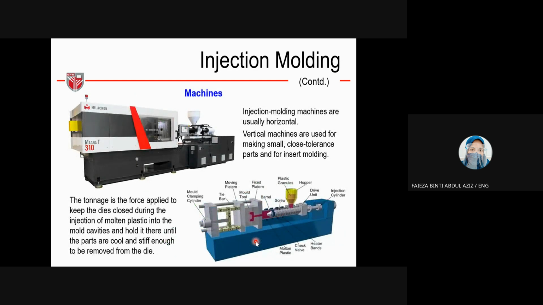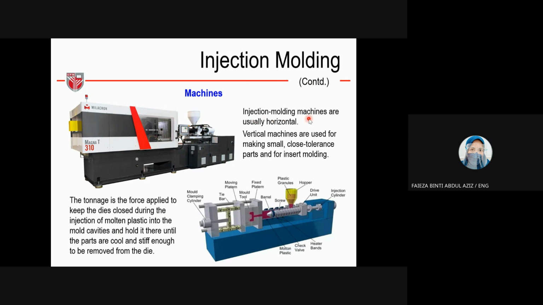Here I just show you the machines; we have a very bulky machine here. The tonnage is the force applied to keep the dies closed during the injection of molten plastic into the mold cavities, and to hold it there until the parts are cool and stiff enough to be removed from the die. This is the hopper.